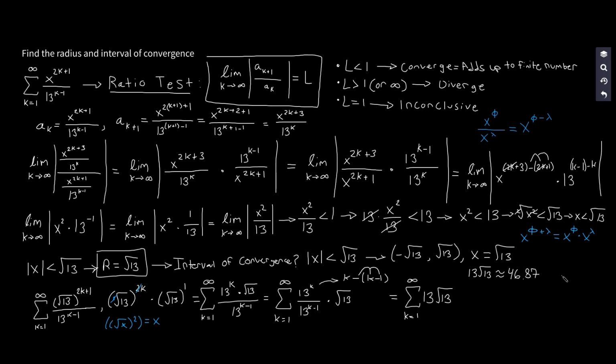So not only are these terms not getting smaller, which is kind of a necessity if you're checking to see if the series converges or not, that is not the case here. It's just going to go up to infinity. So not only are these terms not getting smaller, but they're not changing at all.